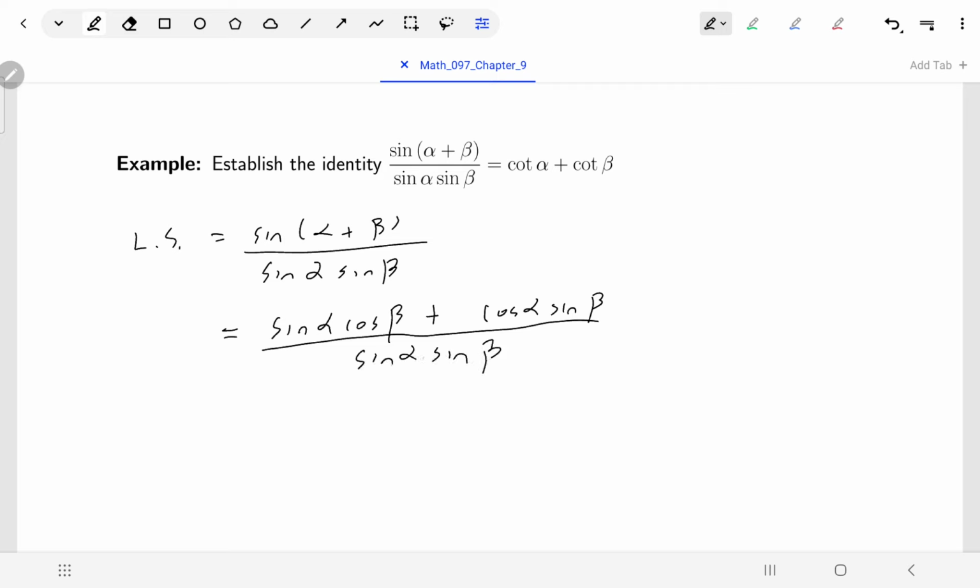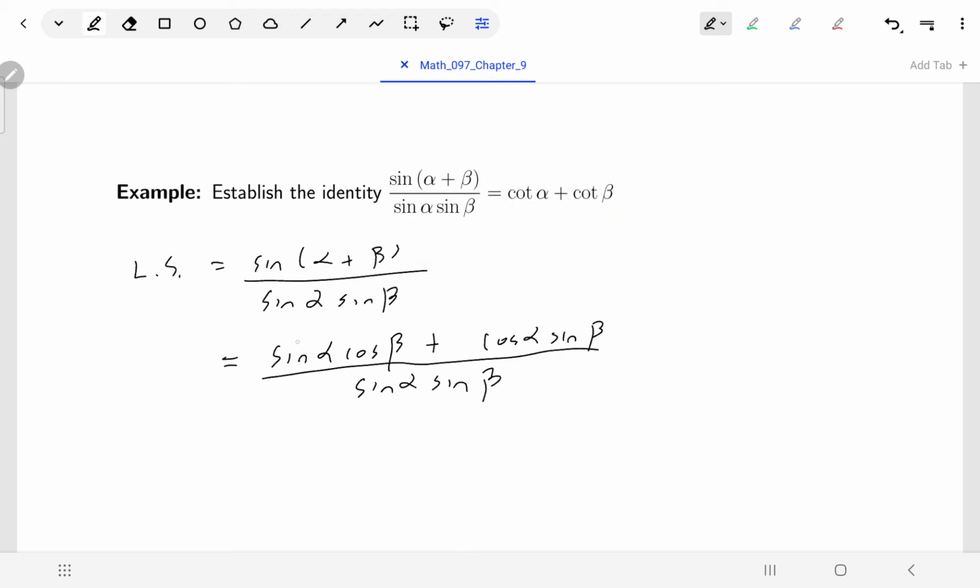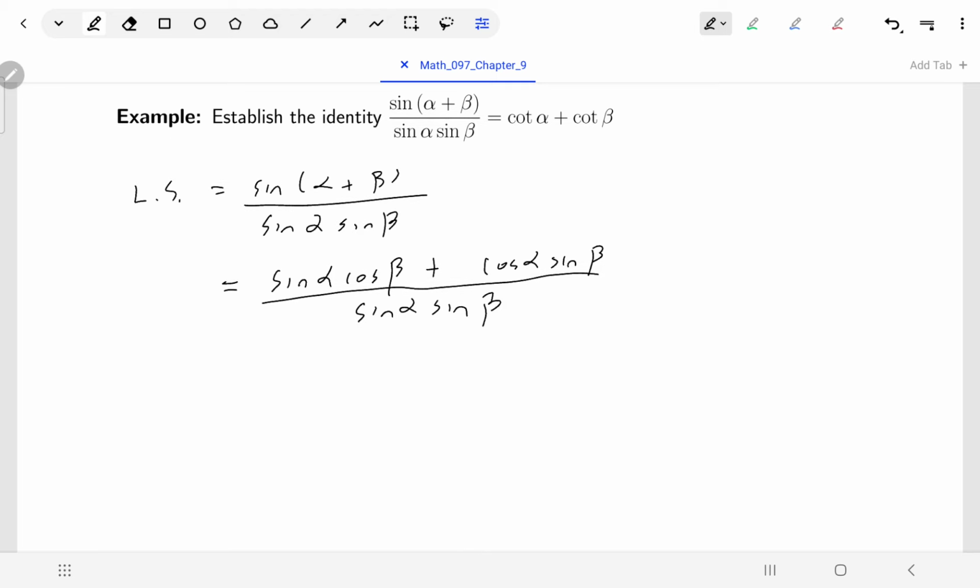And now if I'm thinking what to do next, I'm looking at the right side of my equation and I can see that there are two terms. Right now, I have just one big term, one big fraction. So I'm thinking strategically it might be nice to split this into two terms. That will help me get closer to what the right side has.